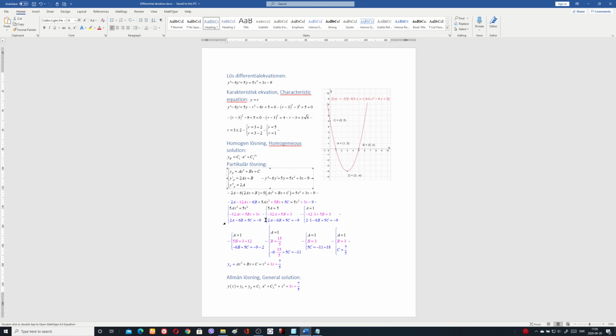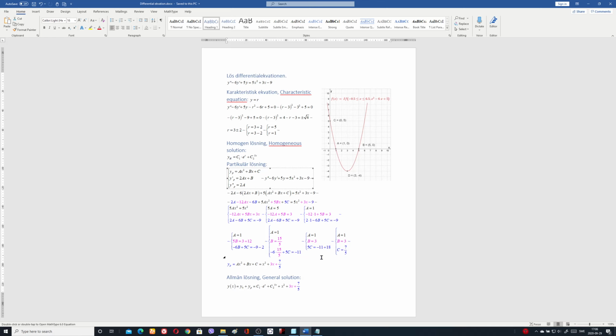When you do the calculation, you're putting a is 1, and you can follow my calculation here, and we come into this solution that a is 1, b is 3, and c is 7 divided by 5.